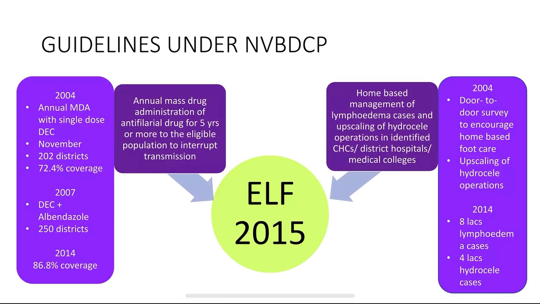They gave a single dose of DEC tablets. Later, the door-to-door survey was done for home-based foot care, and upscaling of the operations was done. Later on in the year 2007, they gave 2 things together, that is DEC tablets and albendazole tablets. That is nothing but the co-administration that we saw.